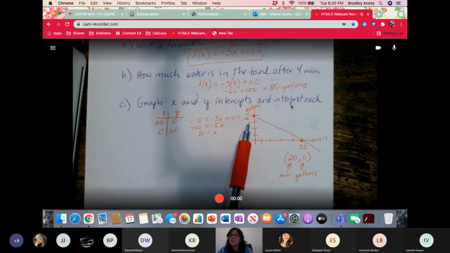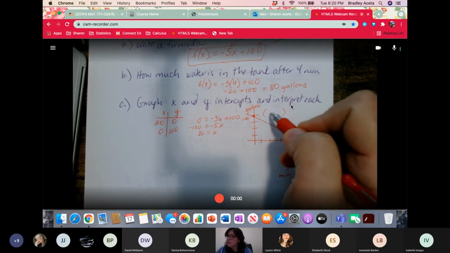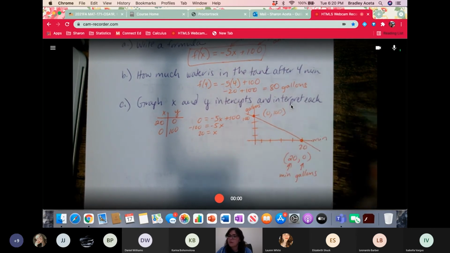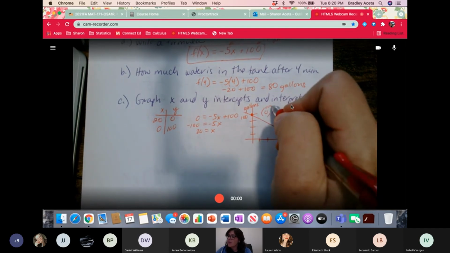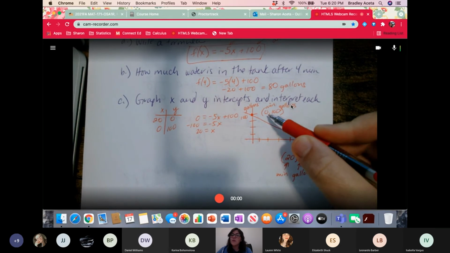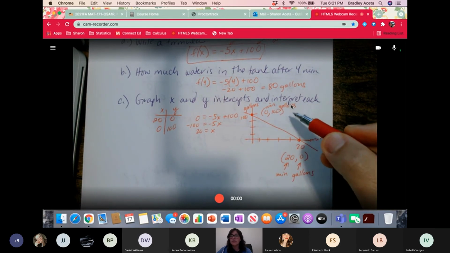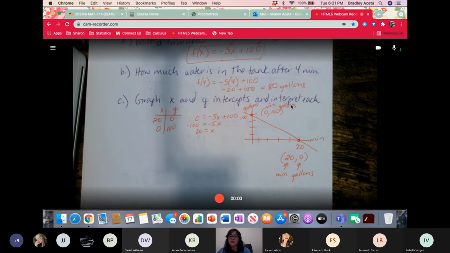Up here, if I were explaining what this coordinate means, this would be the point 0, 100. Again, 0 being your minutes, 100 being your gallons. So at 0 minutes, I have 100 gallons, or I start with a 100-gallon tank. And that makes sense according to our story.